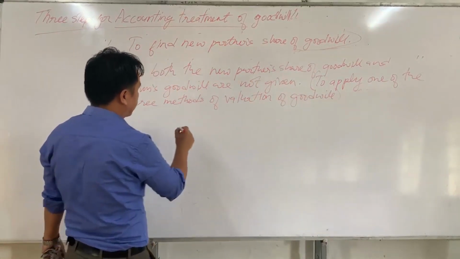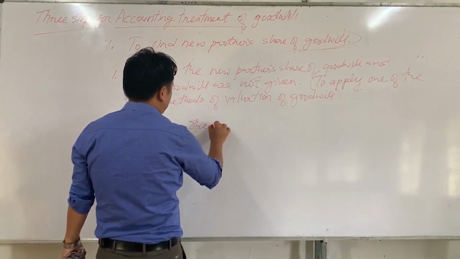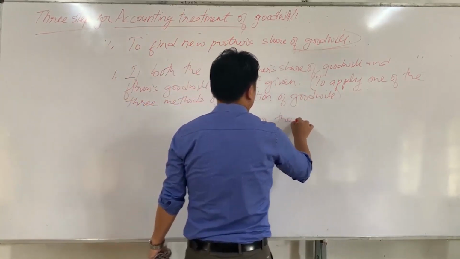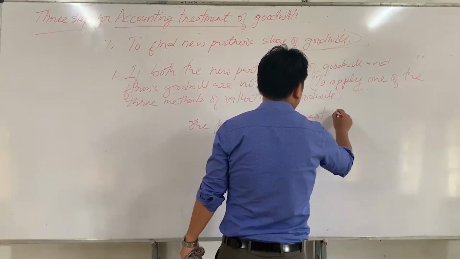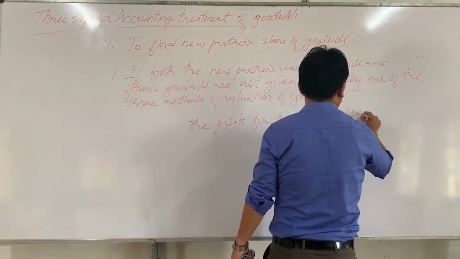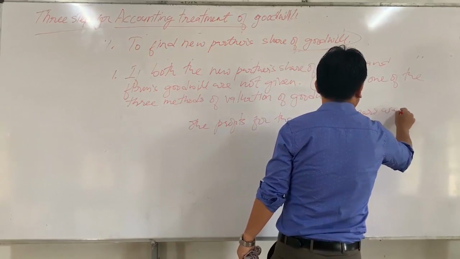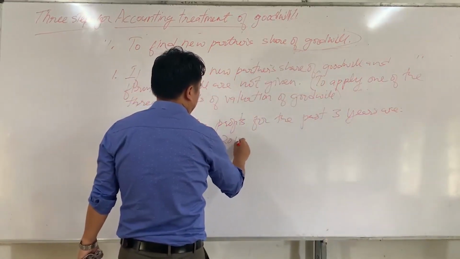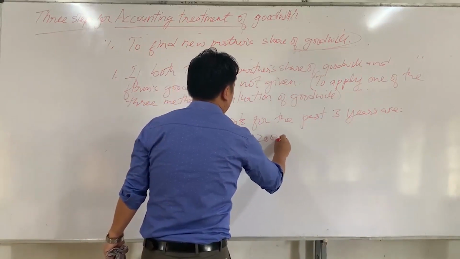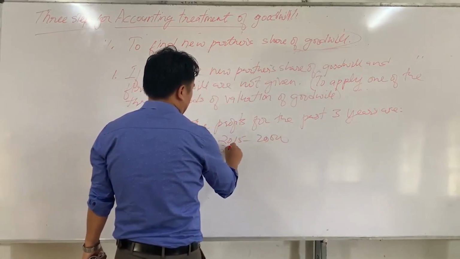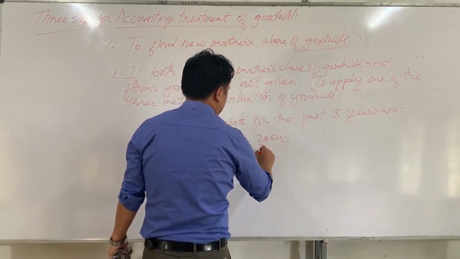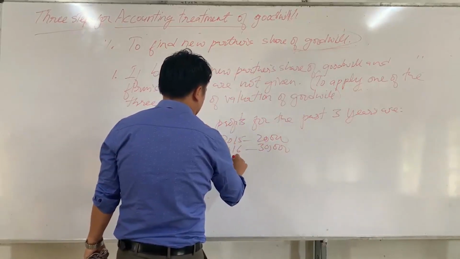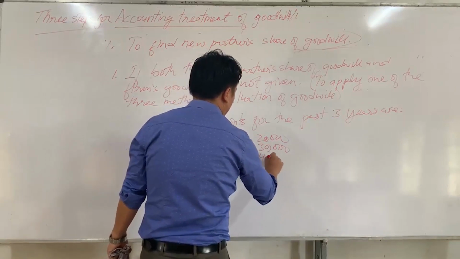Suppose say the profits for the past 3 years are: 2015, rupees 20,000; 2016, rupees 30,000; 2017, rupees 40,000.